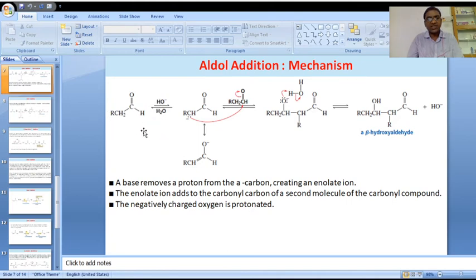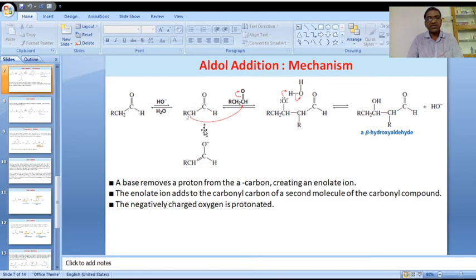This OH minus removes a proton from the alpha carbon. That is the very important initiation step to generate the enolate ion. This is the enolate ion, and its resonance structure, its isomer, is like this. This enolate ion intermediate is a very active intermediate.